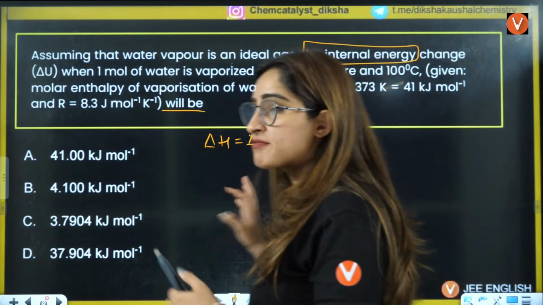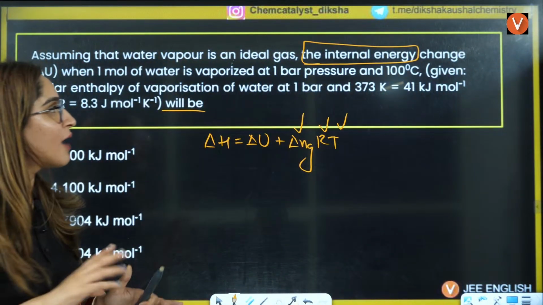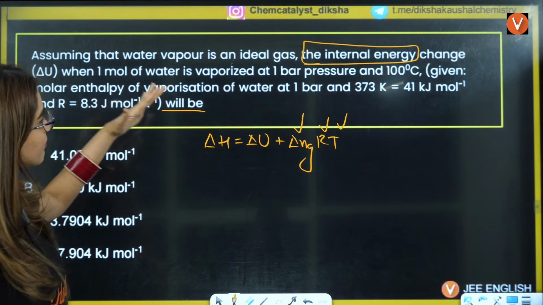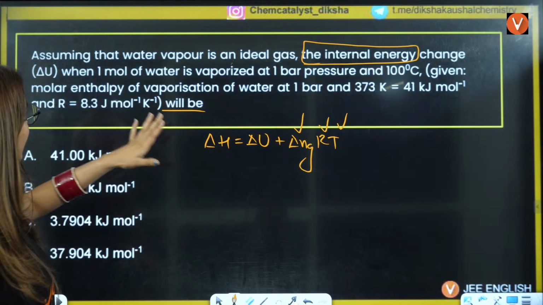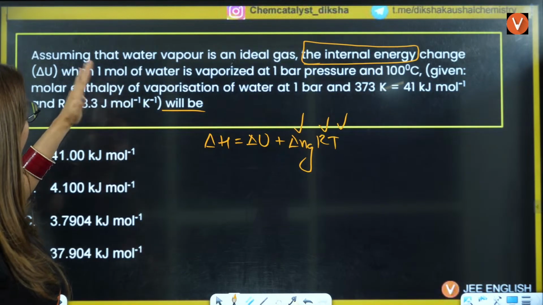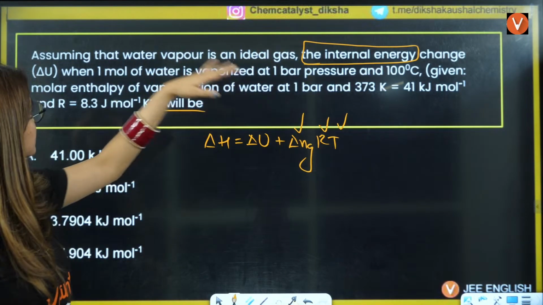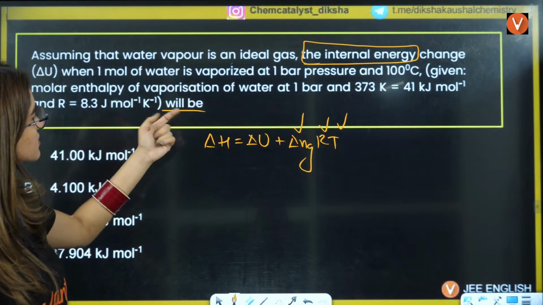Very nice. They have asked in a grammatical way, right? So the molar enthalpy of vaporization is given to you, and they are asking the internal energy change.